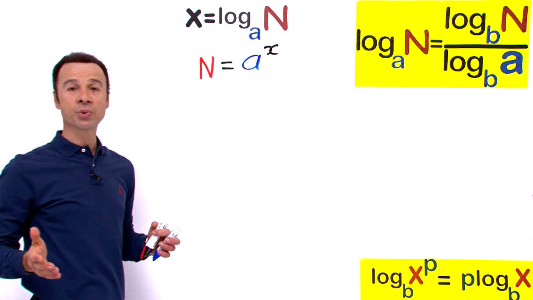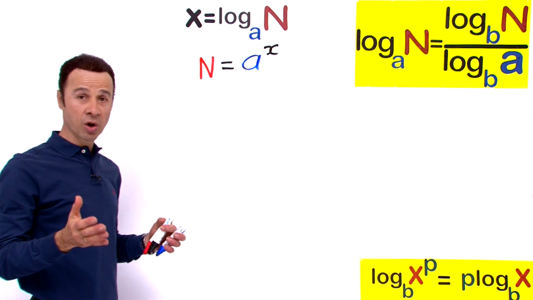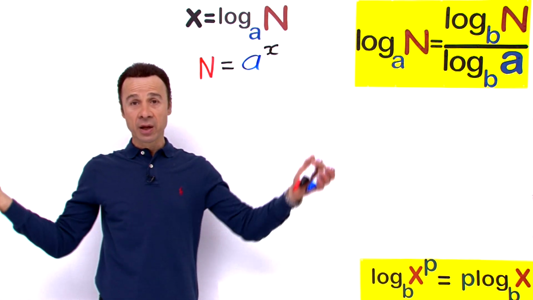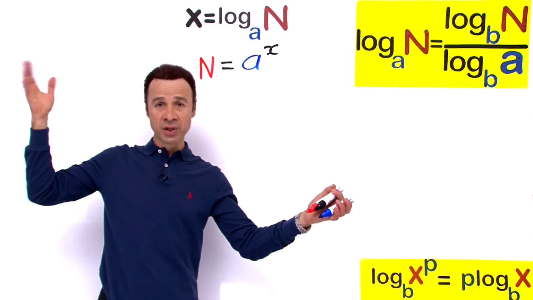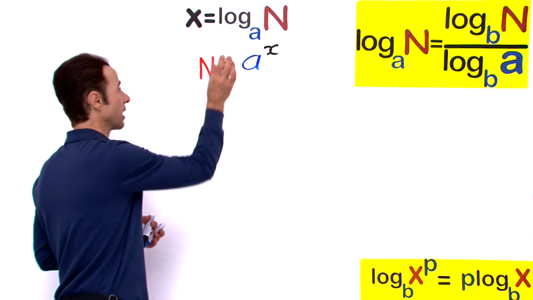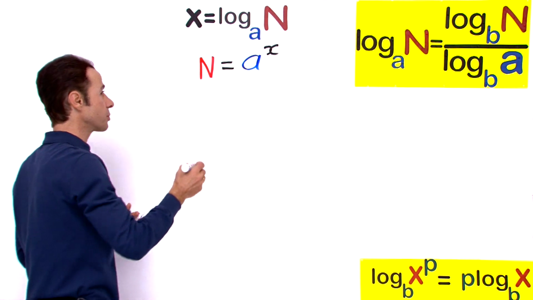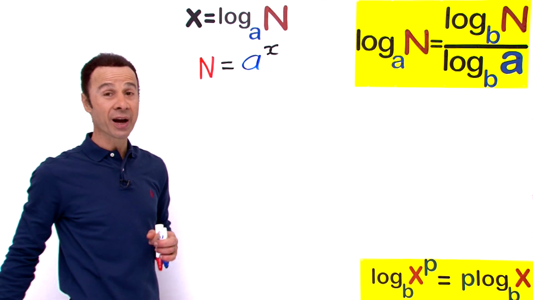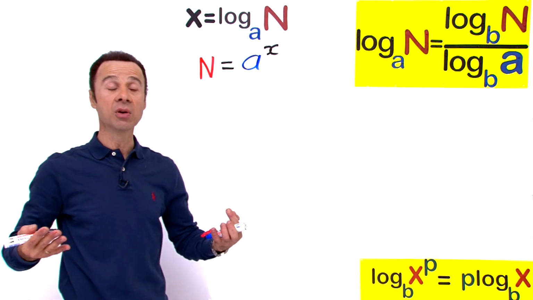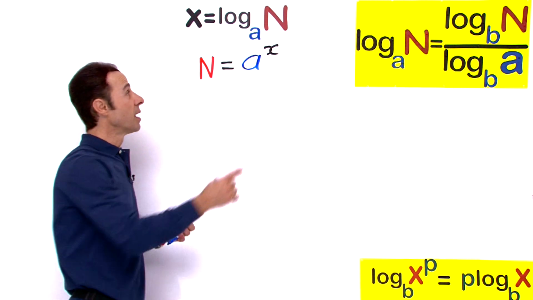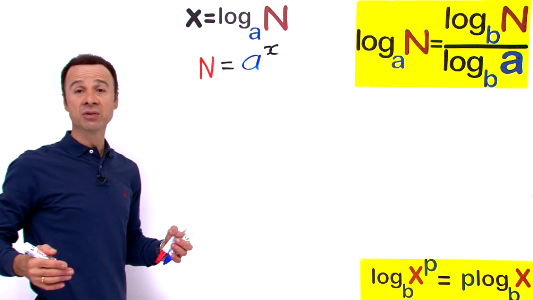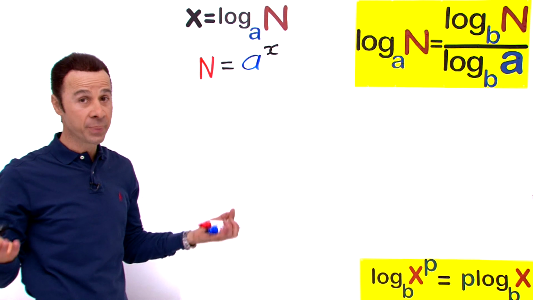What we're going to do now is take a log of both sides. Being an equation, it requires balance, so what you do on this side, you do to that side. And what log would we like to do? Well, let's introduce a new base. If we have base a, let's change it into, say, base b.